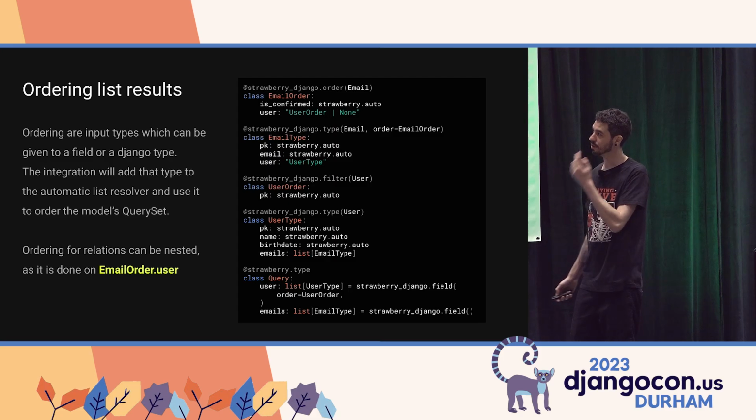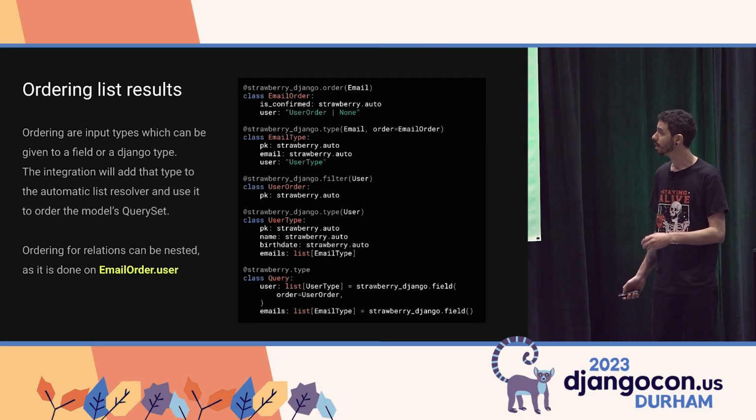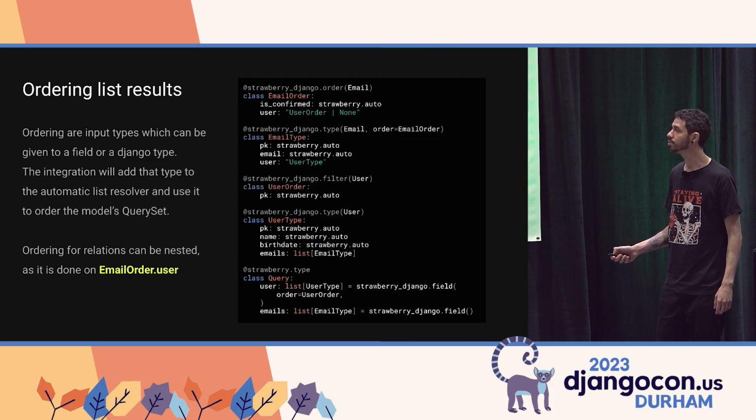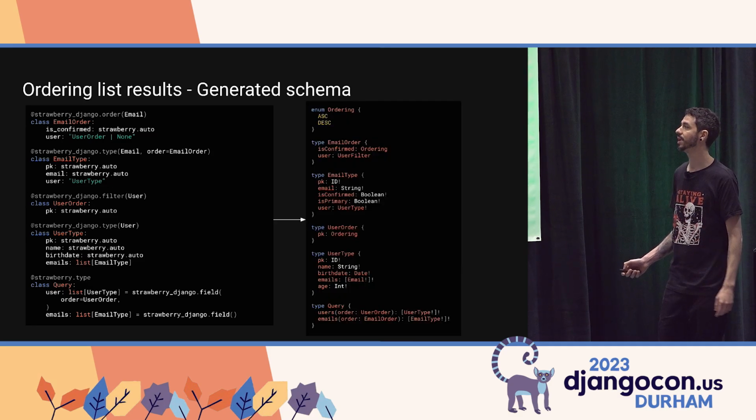I can also ask to order the results. It's very similar to how the filters work, but in this case, what will get generated is an enum of ascending or descending. And as you can see, it will also be inserted as an argument to the list resolver.